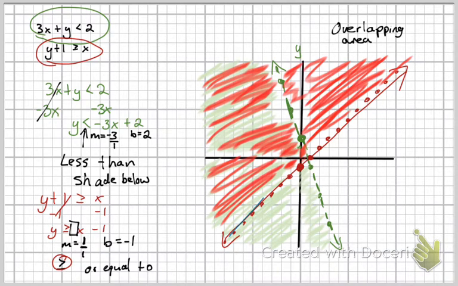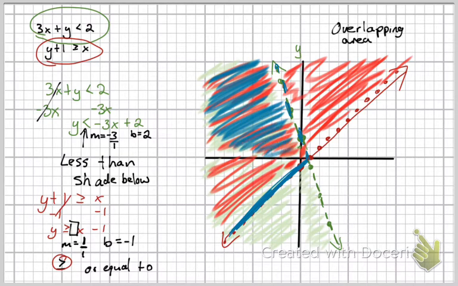So we've got this little section here, we've got our line right here, and we can see that the part where they both overlap is this top left section. Any value that would be in this section would be considered a solution.